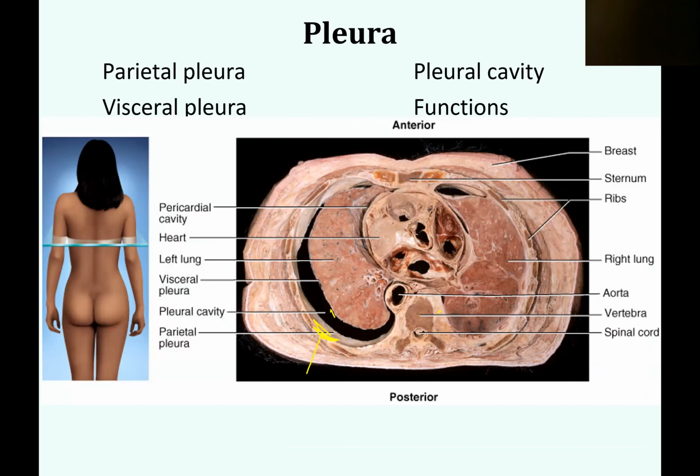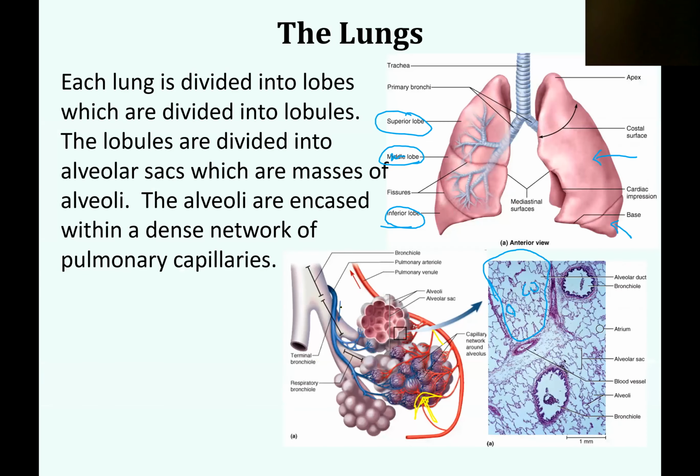There's a visceral pleura, which is the superficial surface of the lung. And if we go back to this picture, the pleura is going to cover, out here.